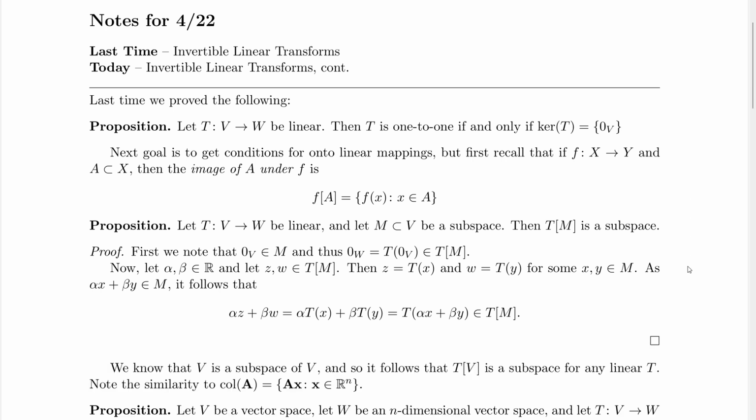And a similar thing: if you take the set V to be a subspace of itself, which it is, then with that lens, the previous lemma reveals that the range is a subspace for any linear mapping. So if you look at the complete set of outputs, that must be a subspace, and note the similarity here to the column space of a matrix.